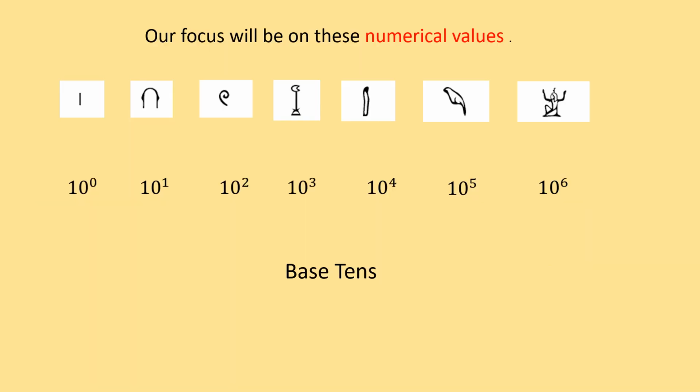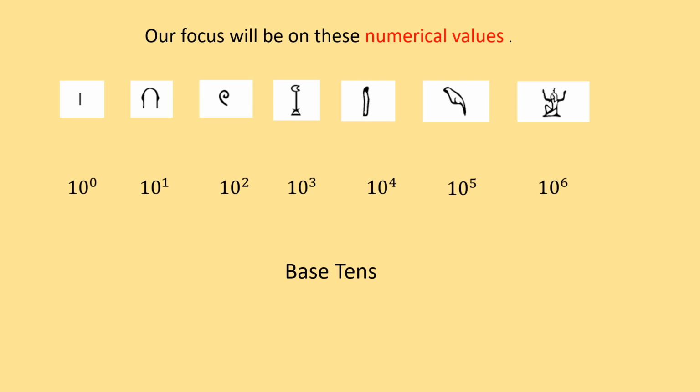The numerical system used by our African ancestors is a base 10 system. This can be seen in the Medu Neter and in the Hindu Arabic numerals that we are taught in school. By base 10, we mean that we have a base value of 10, and there is an exponent telling us how many groups of 10 there are.